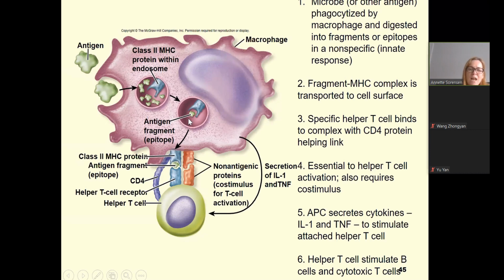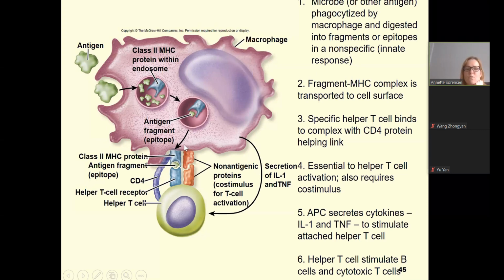That is then transported to the surface and displayed on the surface of the macrophage. Now, a helper T cell can recognize and bind to that MHC complex, which is presenting this antigen. And that occurs through this CD4 binding here, which is also required.